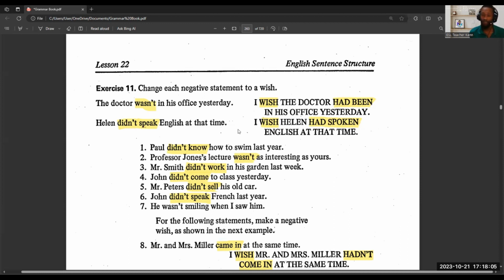Professor Jones's lecture wasn't as interesting as yours. I wish his lecture had been as interesting as yours. Mr. Smith didn't work in his garden last week. I wish he had worked in his garden last week.